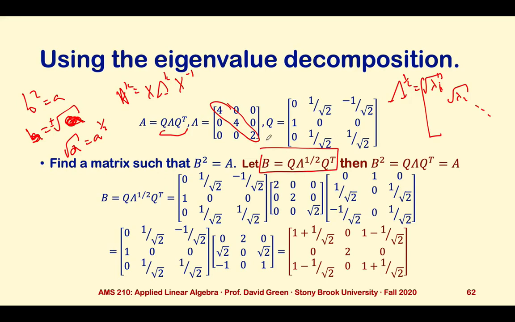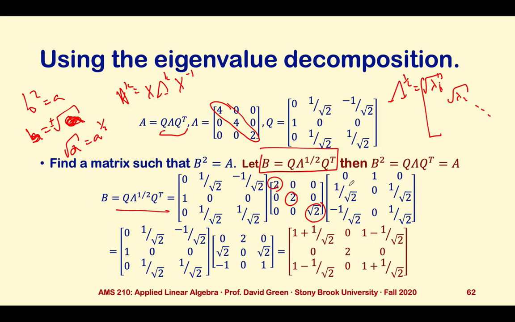Square root of 4 is 2, square root of 4 is 2, square root of 2 is the square root of 2. And so if we've constructed this matrix, then let's plug that into this product of Q lambda half Q transpose, and again multiply through.